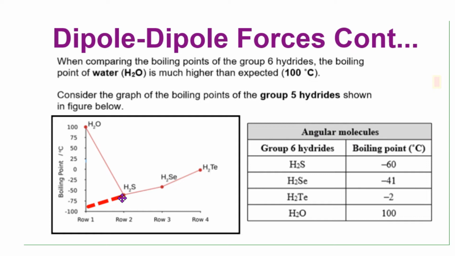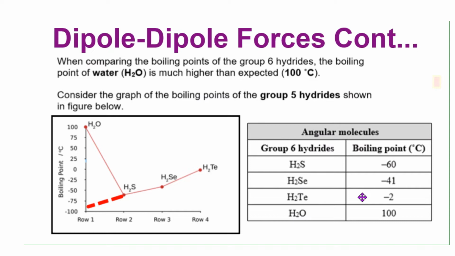So H2S, that's held together in liquid, would be London forces because there's London forces in everything, but it would also have dipole-dipole forces. The H2Se would have London forces and dipole-dipole forces. The H2Te would have London forces and dipole-dipole forces. So now they all have exactly the same intermolecular forces.